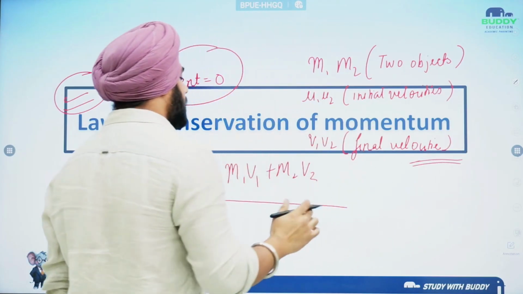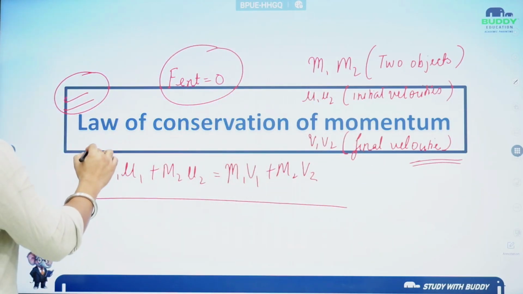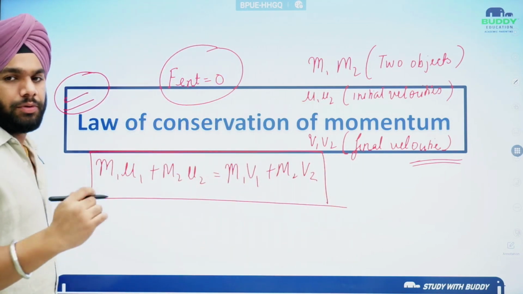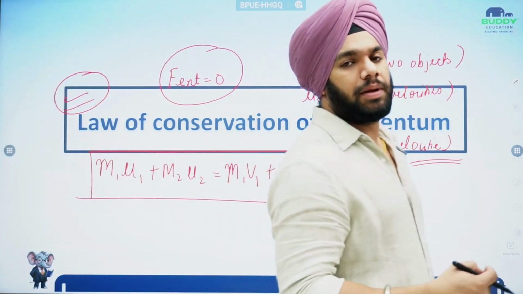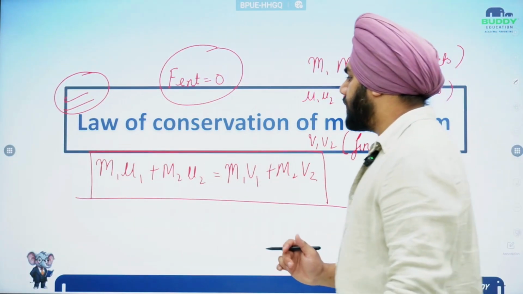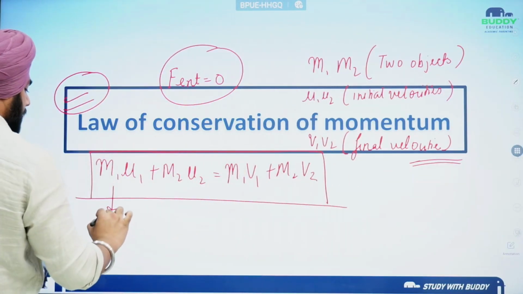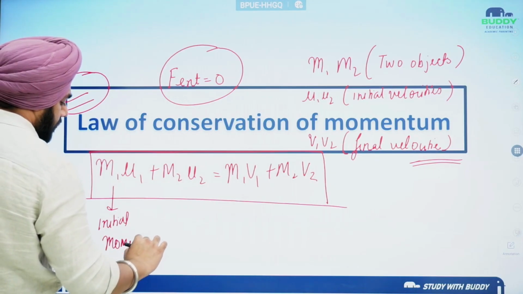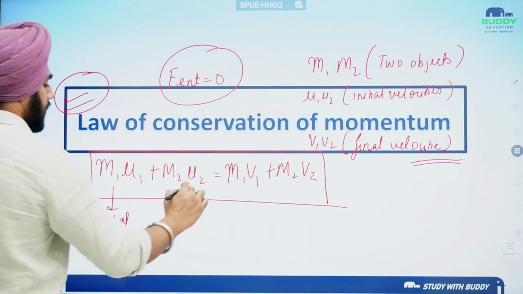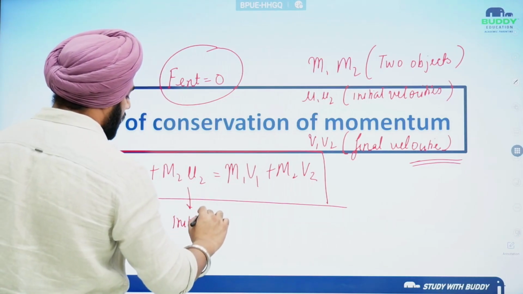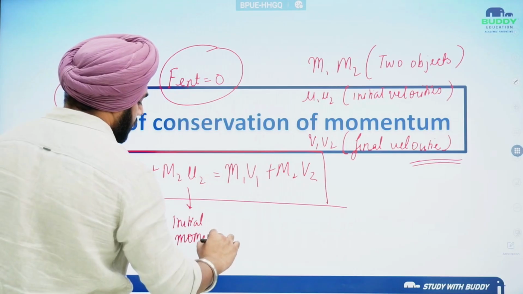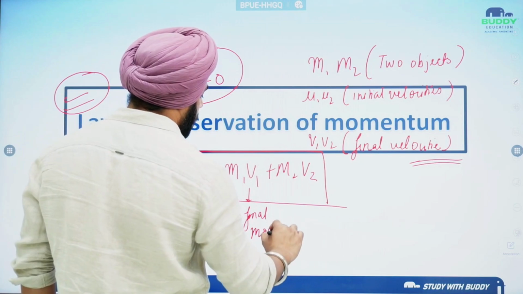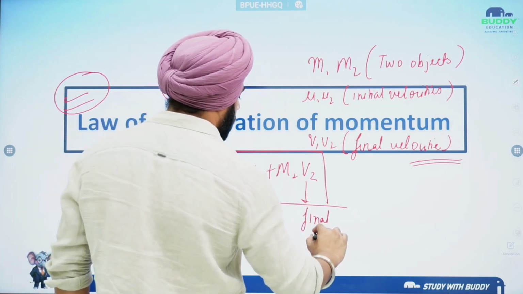Now, how this conservation of momentum works, we'll discuss. But this is what you need to remember: m1u1 plus m2u2 is equal to m1v1 plus m2v2, where m1u1 is the initial momentum of the first body, m2u2 the initial momentum of the second body, m1v1 the final momentum of the first body, and m2v2 the final momentum of the second body.